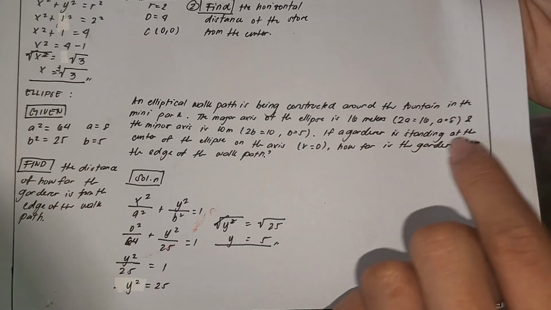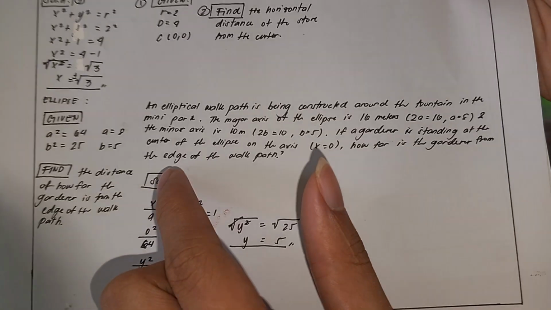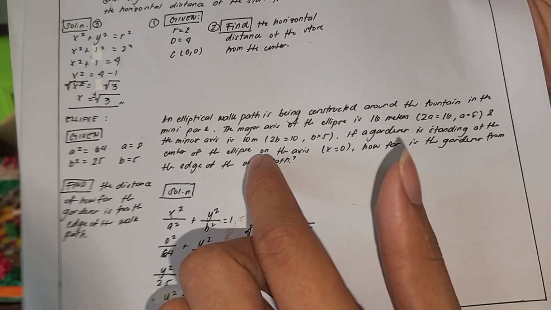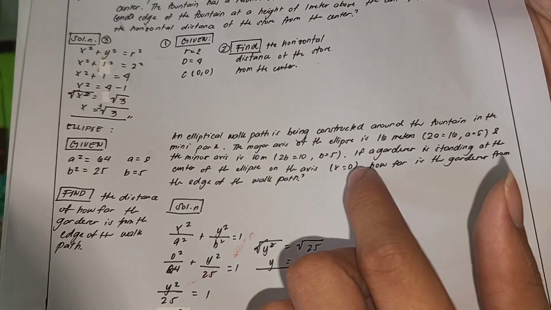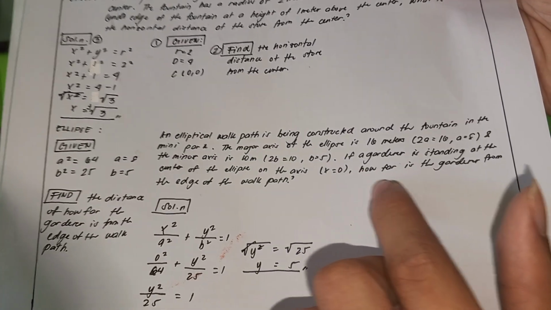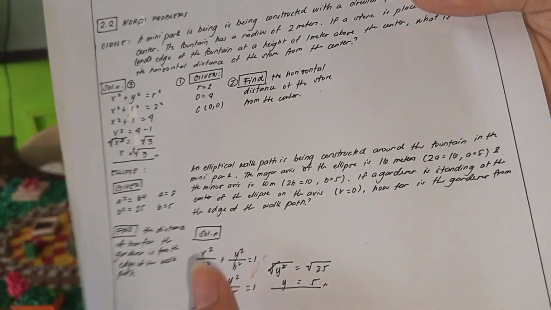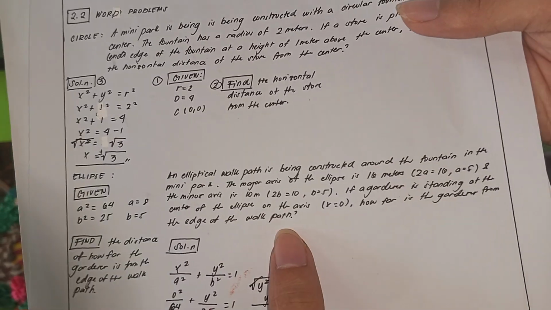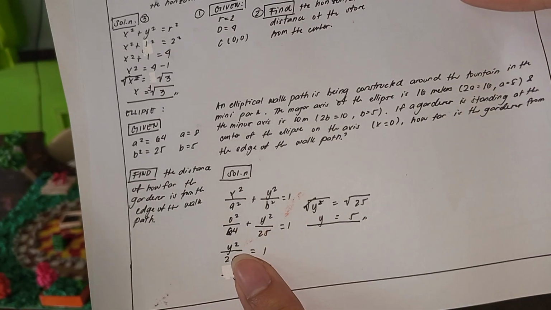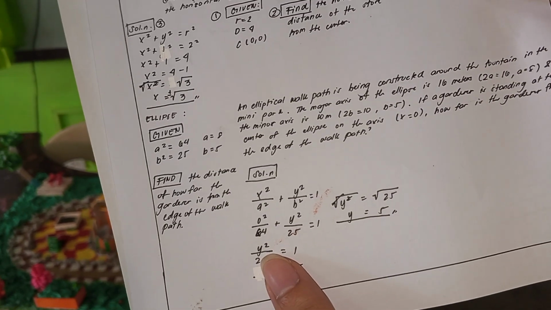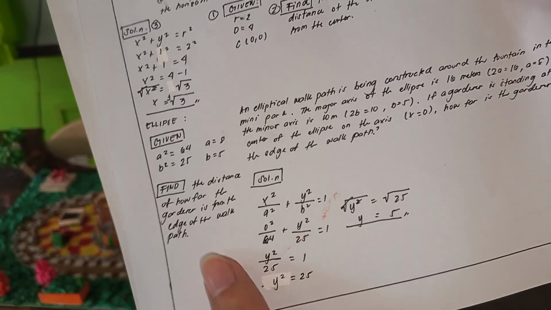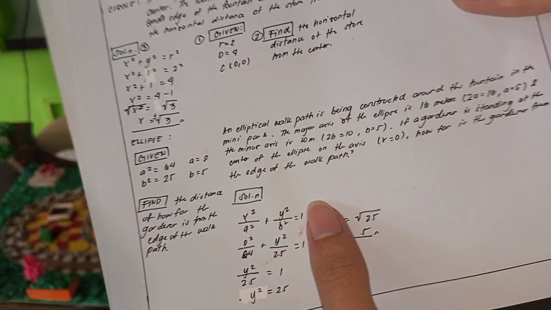If a gardener is standing at the center of the ellipse, at x equals 0, how far is the gardener from the edge of the walkpath? So we have to find the distance of how far the gardener is from the edge of the walkpath.